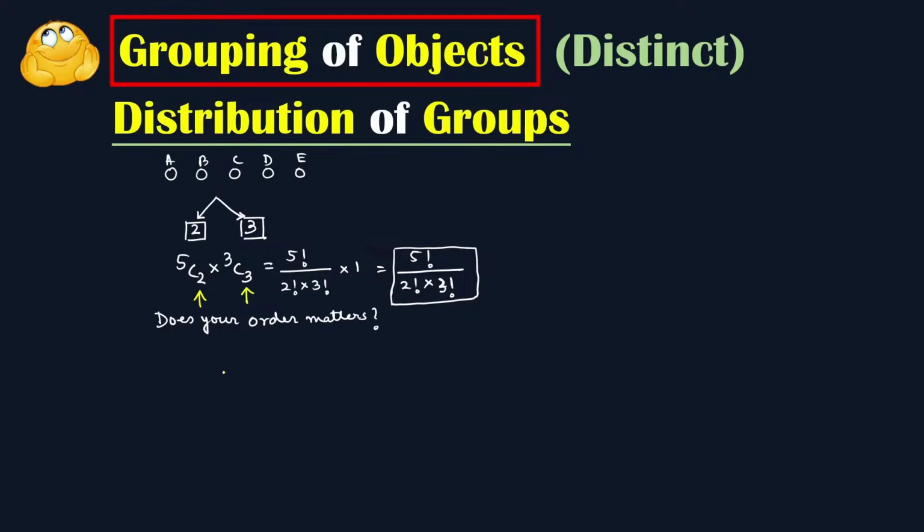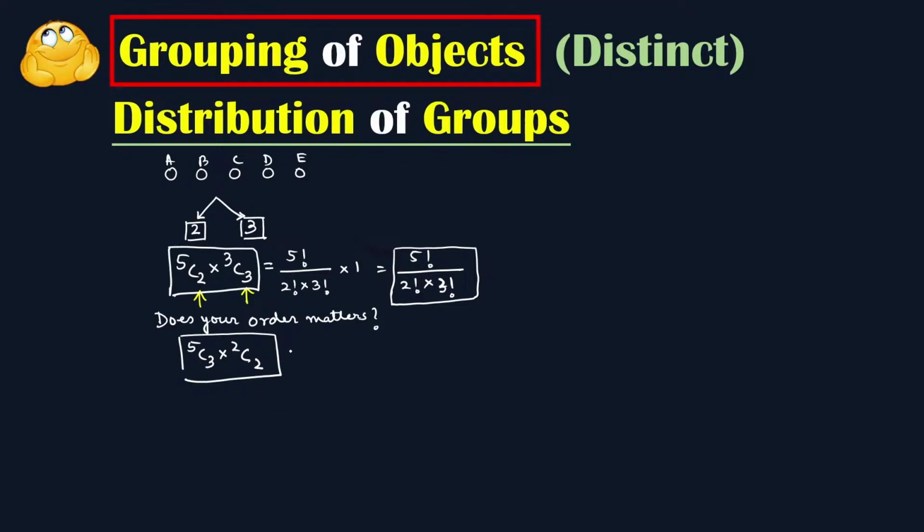But now if I reverse our selection, that is, if I first choose 3 objects, then that can be done in 5C3 different ways, and the remaining 2 objects can be selected in 2C2 different ways. So my question is, are this order and this order the same or are they different?